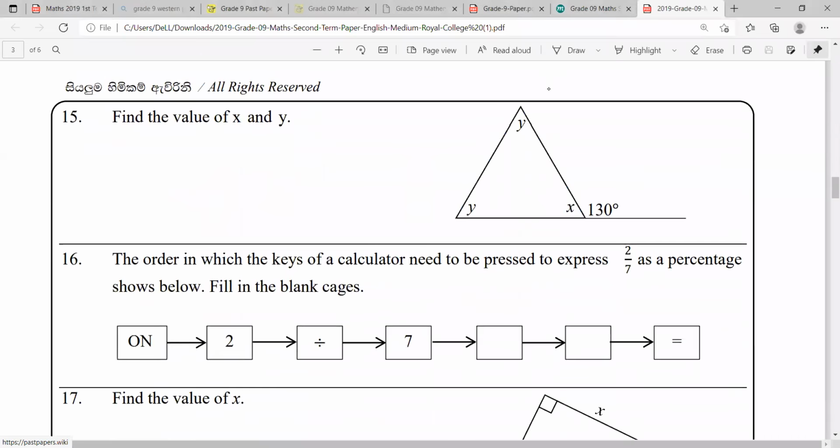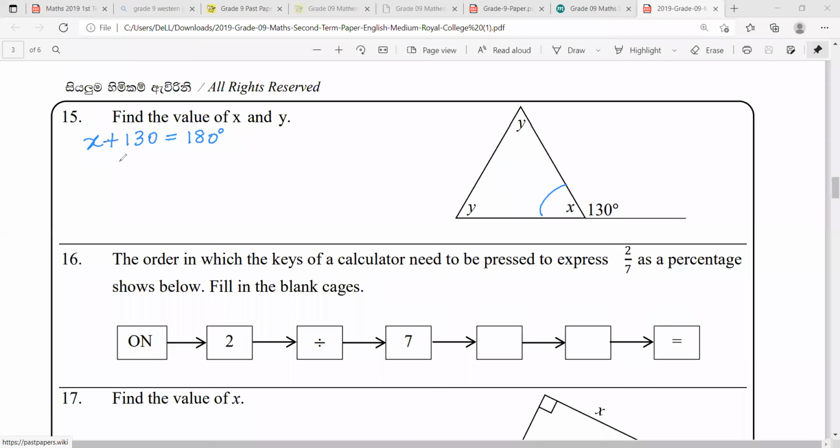So in this case, you can find this x here. You know, x plus 130 is equal to 180, because this angle is equal to 180, right?